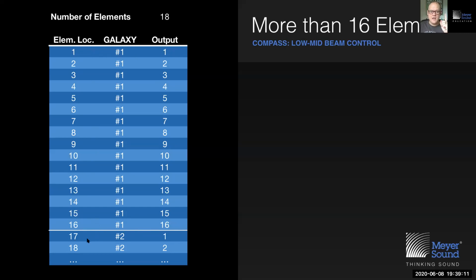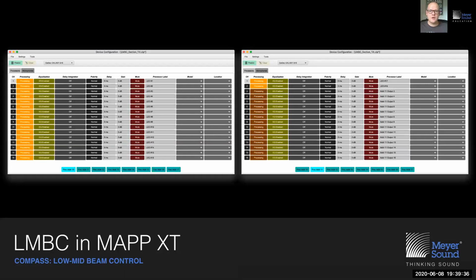And then the bottom 2 Leo loudspeakers, 17 and 18, are wired to output 1 and 2 of the next Galaxy, which is Galaxy number 2. That means that every loudspeaker is still connected to a unique output, but the total number of elements spans across 2 Galaxy devices. So how would that look in Compass or in MapXT?